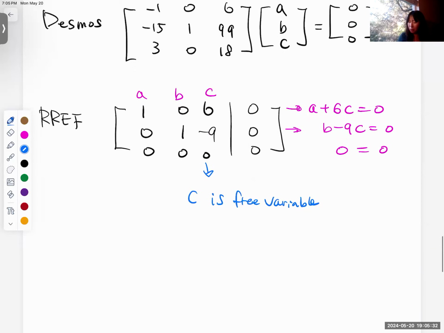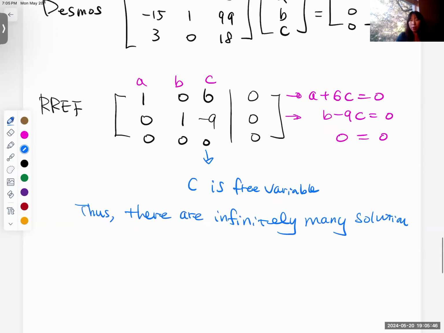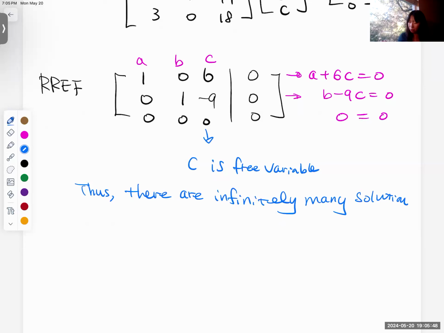That means infinitely many solutions, right? So we can conclude, thank you, in the chat, so we can conclude therefore linearly dependent, right?